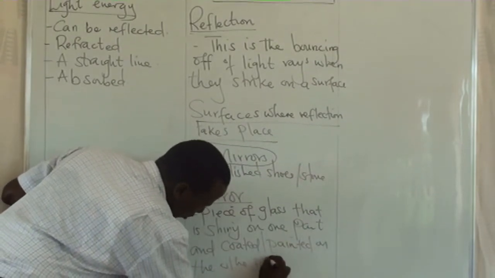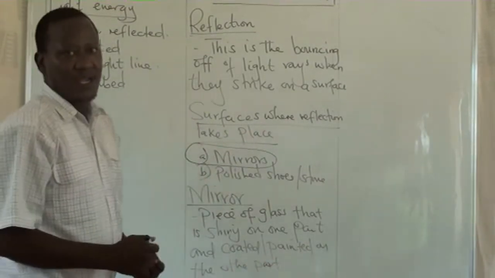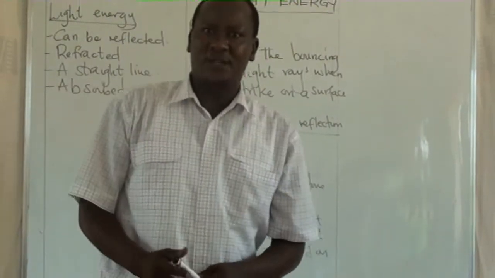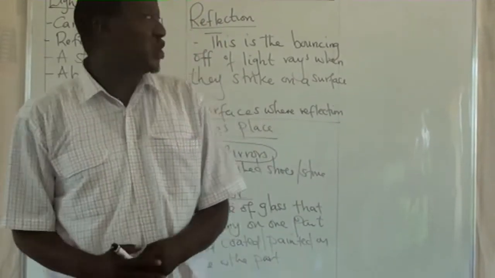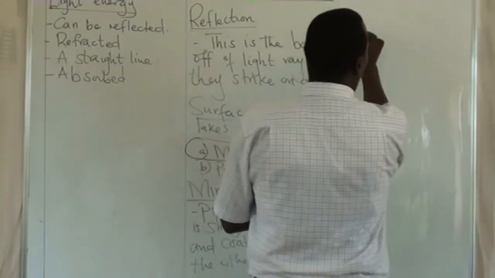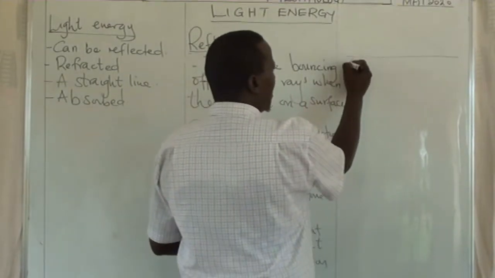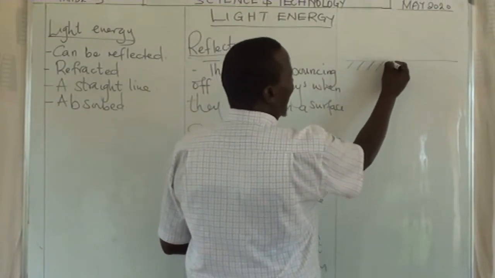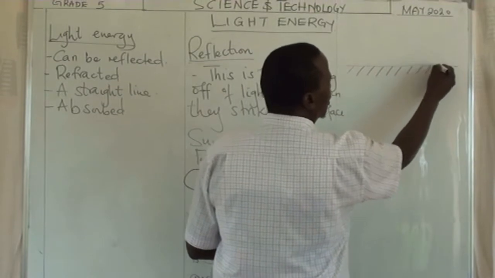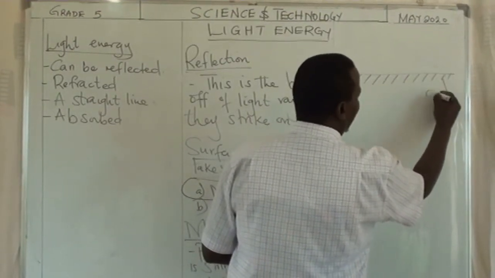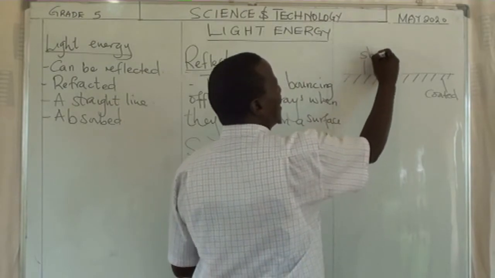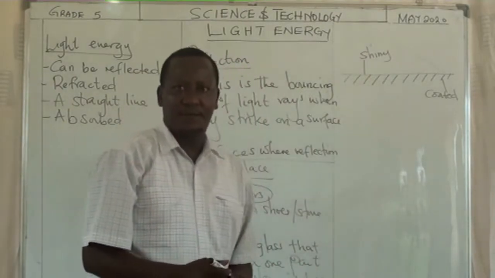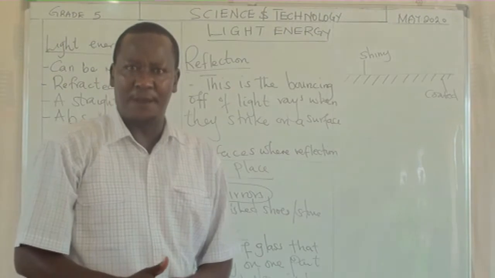We have the two parts of the mirror, whereby one is coated or painted, and the other one is shiny. That is why in a diagram like this one, this part that has these lines is the coated part, and this upper part here is the shiny part.